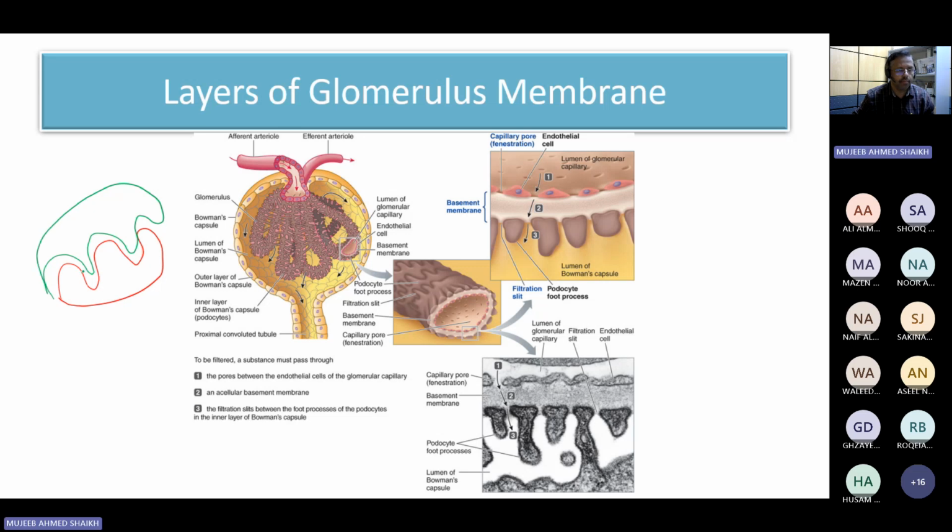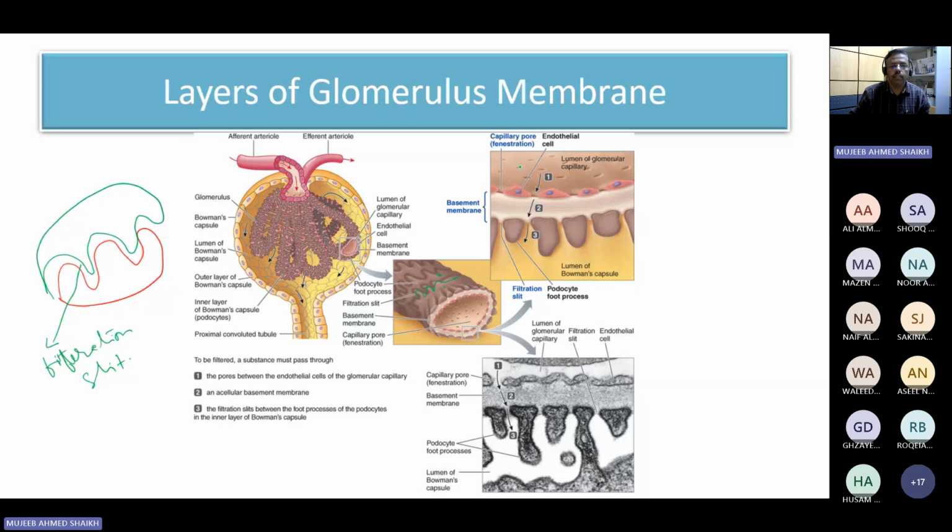So this gap is known as the filtration slit. Here you will see, one podocyte is here, second podocyte is here. In between, there is a gap which is called the filtration slit.